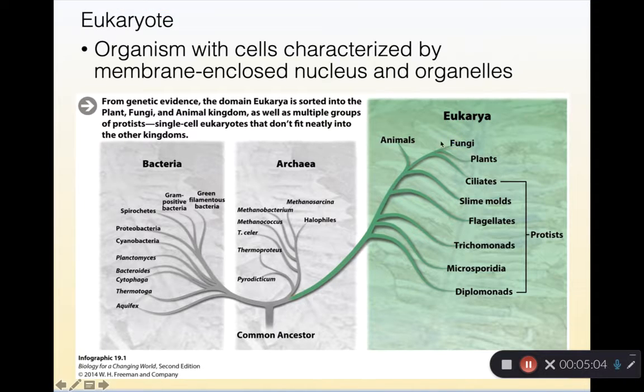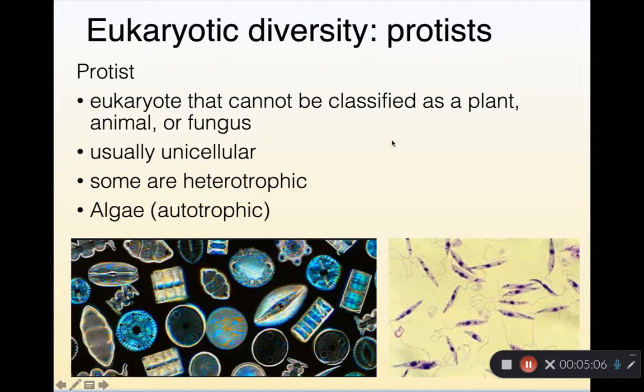So what are protists? When you're talking to somebody, can you please explain what a protist is? You're probably going to get some strange answers. Ultimately, it's a eukaryote that really can't be classified as a plant, animal, or fungus, but they might have characteristics of some or all of those different clades.